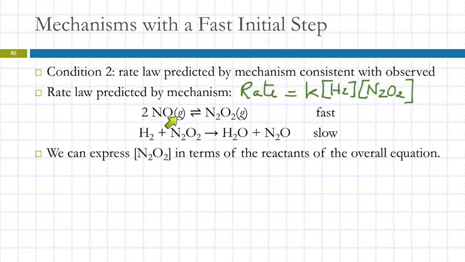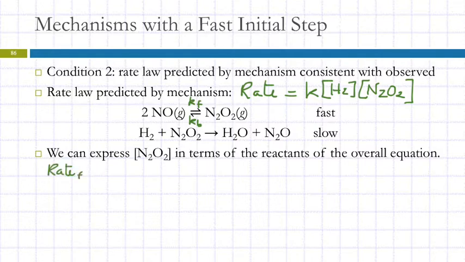So this is an equilibrium. And so we have a forward rate constant. I'm going to call it Kf for K forward, and we have a reverse rate constant, Kb. The rates are equal. The forward rate equals the reverse rate because it's at equilibrium. So we could write a rate law for the forward reaction.